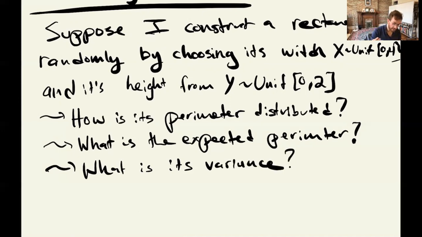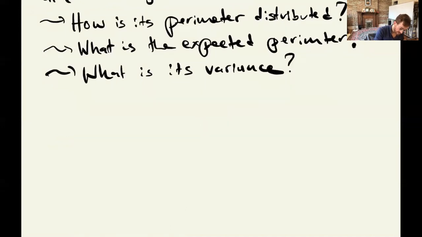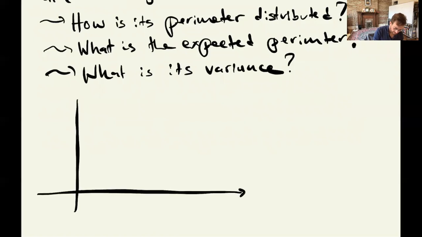Now, for any good problem, you always want to try to first draw a picture of what's going on. So the basic idea here is, again, I've got my random variable x, which is going to govern the width of my rectangle. And then I've got my random variable y, which is going to govern the height of my rectangle. And I'm setting some pretty firm limits on what the range of parameters can be.